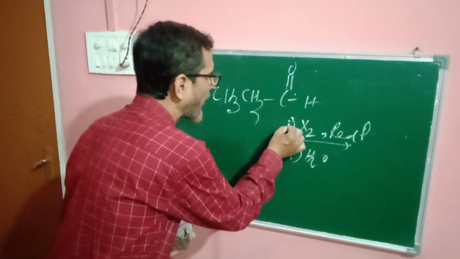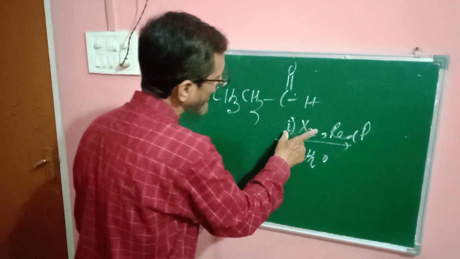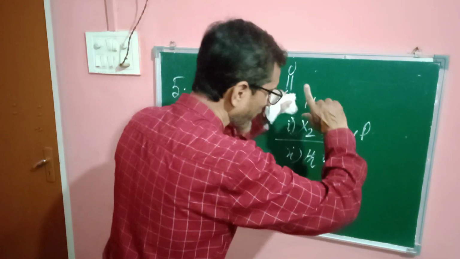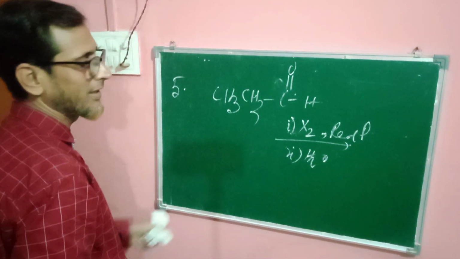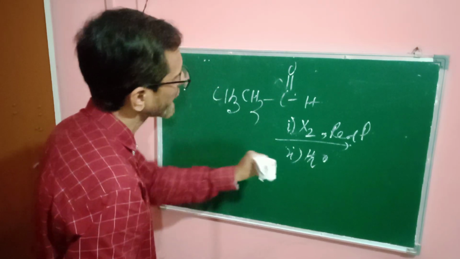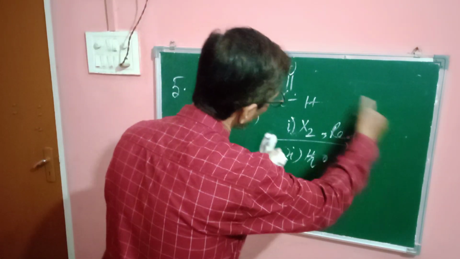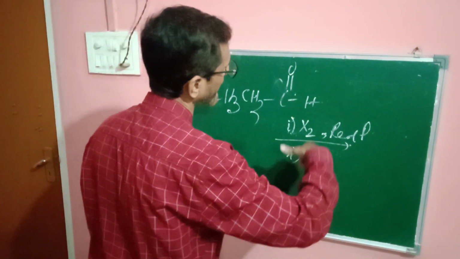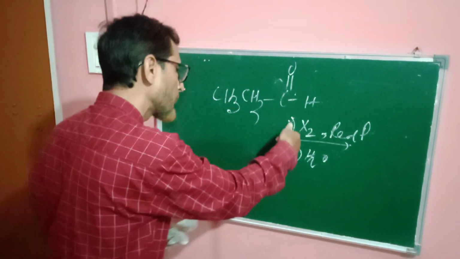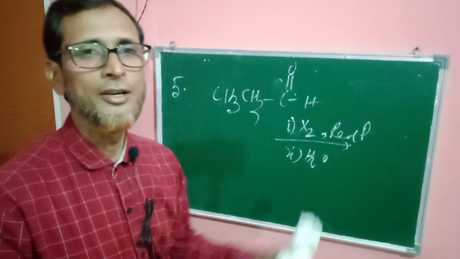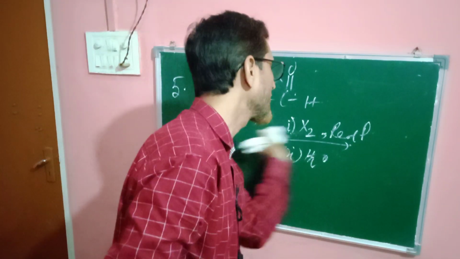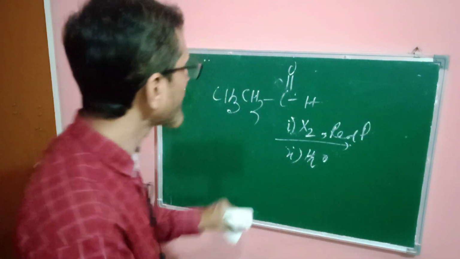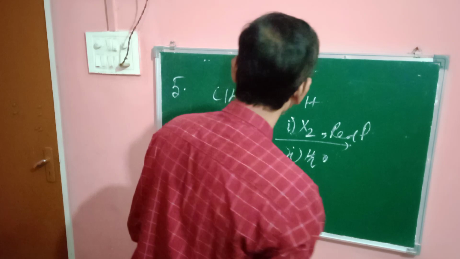Mind that 1 and 2 means the first reaction is completed by adding this, and after completion of that, you give the second. That is the meaning of 1 and 2. You don't give each and everything at the same time. You don't use all these reagents together. First let this complete, then this. In some reactions it is given as Roman 1, Roman 2. This is the meaning. First use this one, wait for some time for completion, and then you use the next.